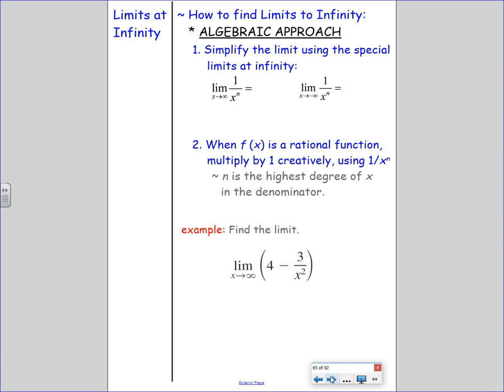n is just up there to say that x could be to any power: 1 over x squared, 1 over x cubed, 1 over x to the 1, 1 over x to the 1/2. n is just referring to any power, the nth power. Way back when, we actually looked at the graphs of 1 over x to the n, 1 over x squared, 1 over x cubed, 1 over x to the 4th. And they all had one thing in common.